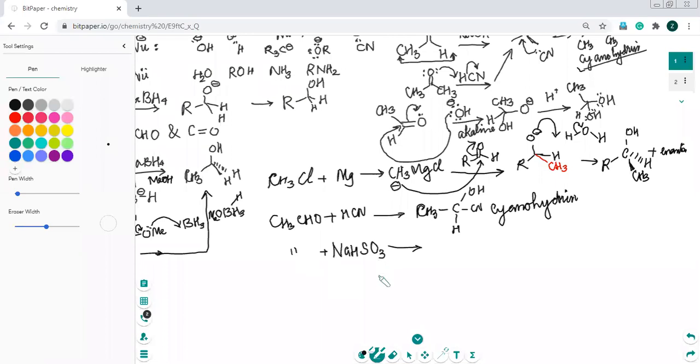Again, it forms, by a very similar mechanism, CH3, O Na, OH and H. And here you have SO3Na.